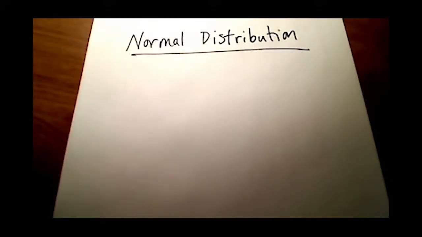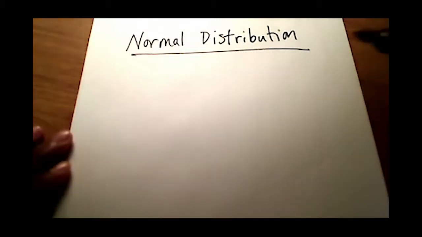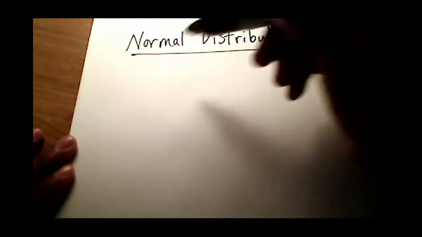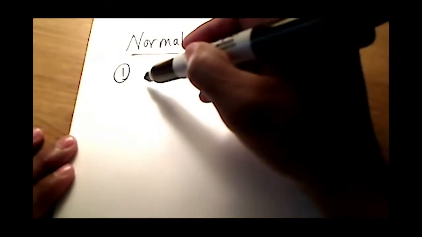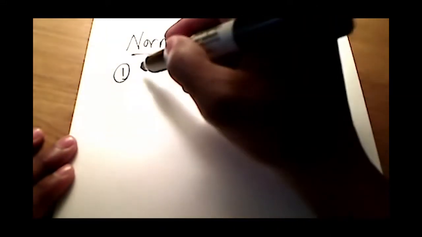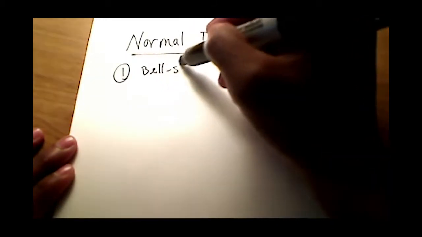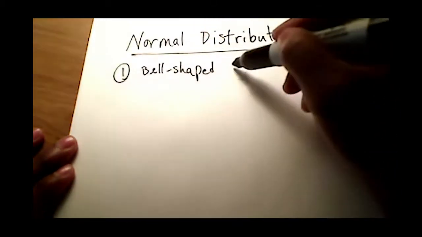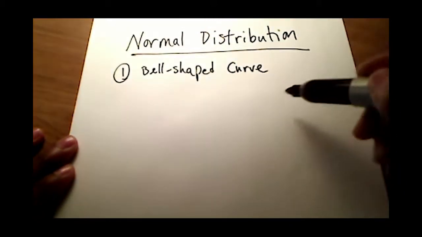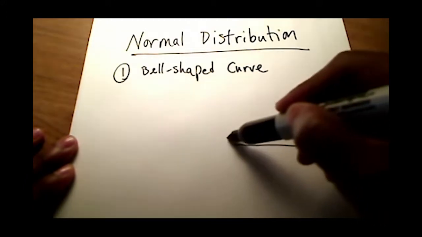All right, I want to show you what a normal distribution is all about in statistics. And there are three things that should come to mind when you read the words normal distribution. The first thing is that you have what's called a bell-shaped curve that basically looks like this right here.